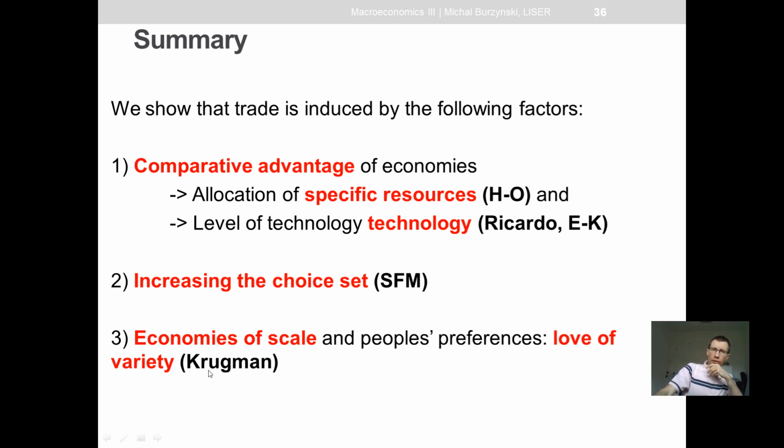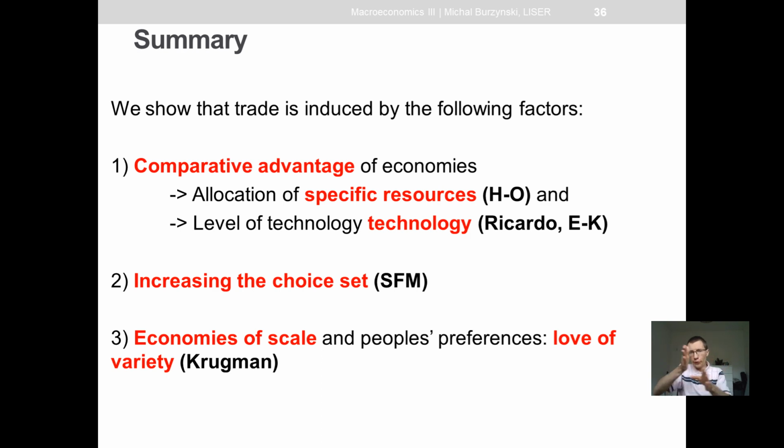And the last motivation for international trade across countries is, of course, the economies of scale. It is profitable for firms to enlarge the markets, to have larger sales by specializing in a particular variety of the consumption good.